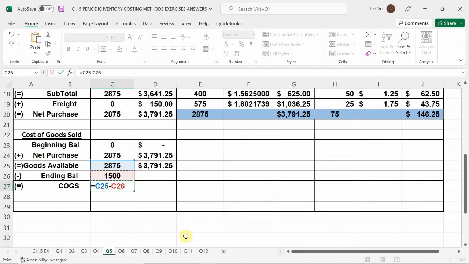Here I started out with 2,875 units, and I only have 1,500 now. 1,375. Excellent, right? So that's my total number here.